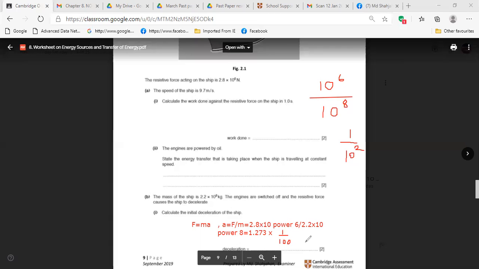You write that. That means it's coming 0.013 if you write in two significant figures, isn't it? It's coming 0.013 meter per second square.